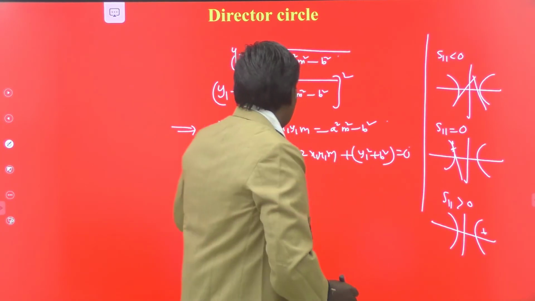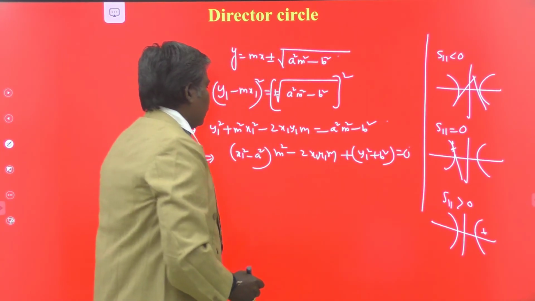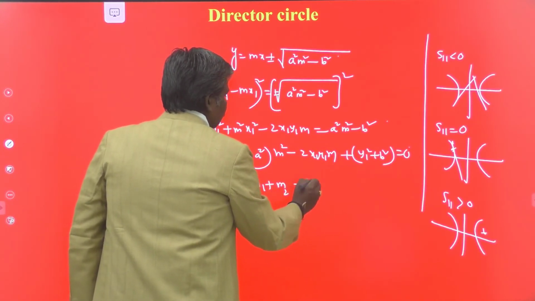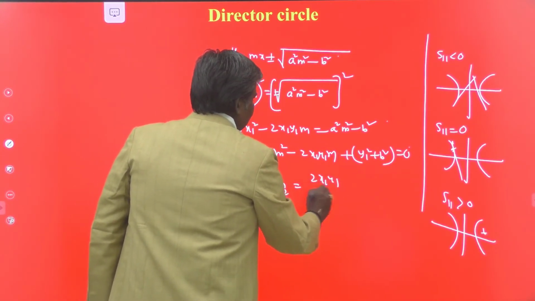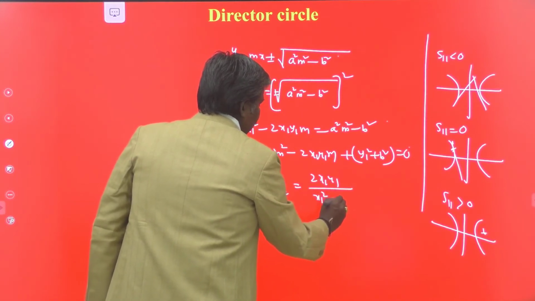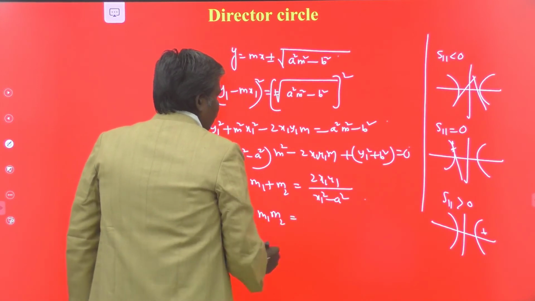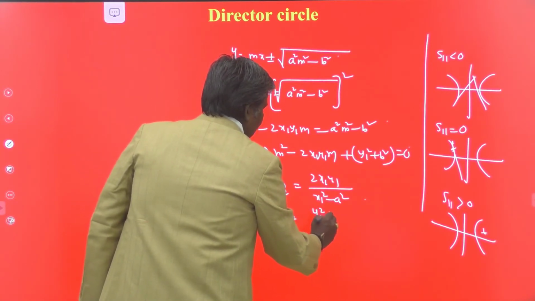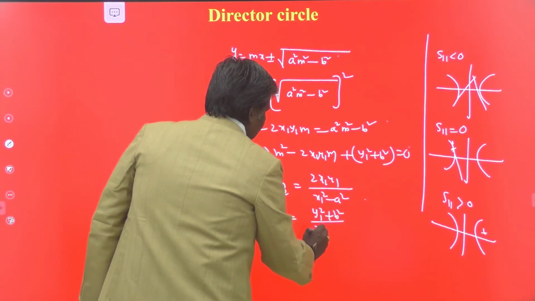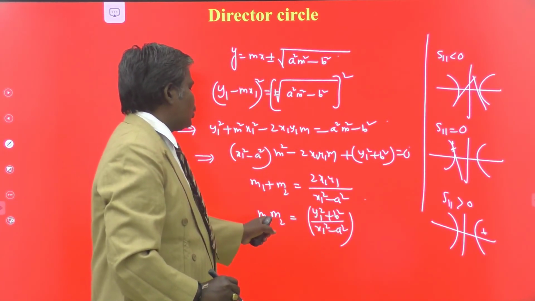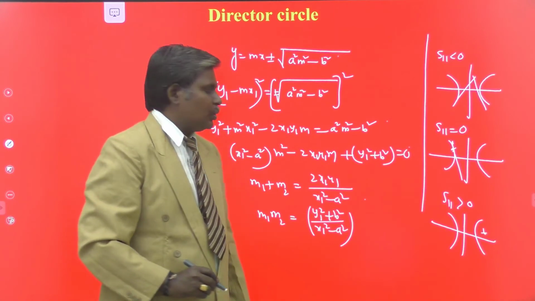That is the story. Now coming to this point, the sum of the slopes is what? m1 + m2 = 2x1y1/(x1² − a²). Again the product of the slopes, m1m2 = (y1² + b²)/(x1² − a²). So this is the sum of the slopes, and this is the product of the slopes.